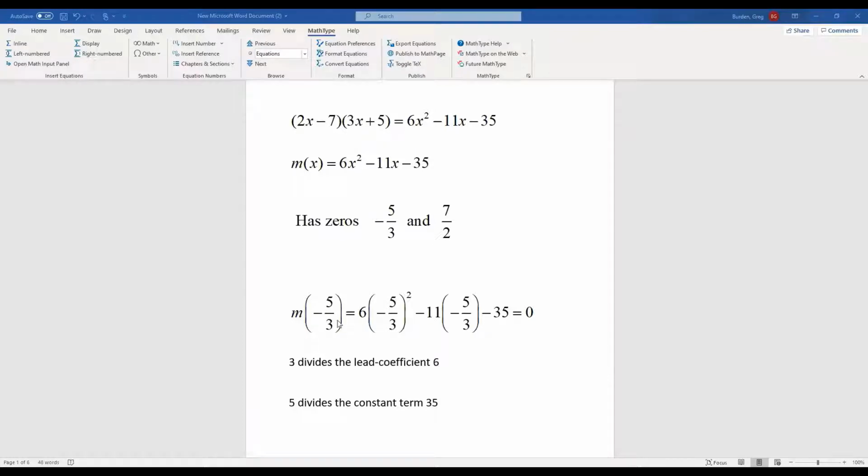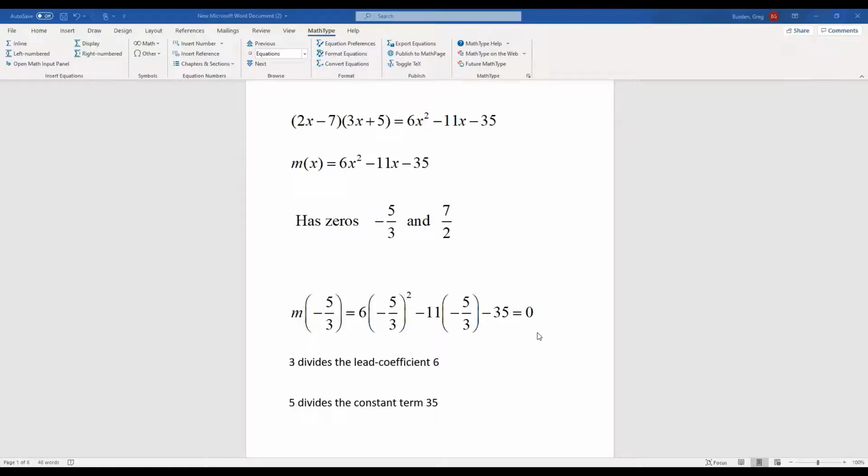So m of negative 5/3, if you do the arithmetic, turns out to be 0. But what I really want you to note is that the denominator of this rational number, 3, divides 6, which is the lead coefficient of our original polynomial. And the numerator of the rational zero, 5 or negative 5, doesn't make any difference, divides the constant term of 35, or more technically negative 35. 5 divides 35, negative 5 divides 35, 5 divides negative 35, so we don't need to worry about the negatives.